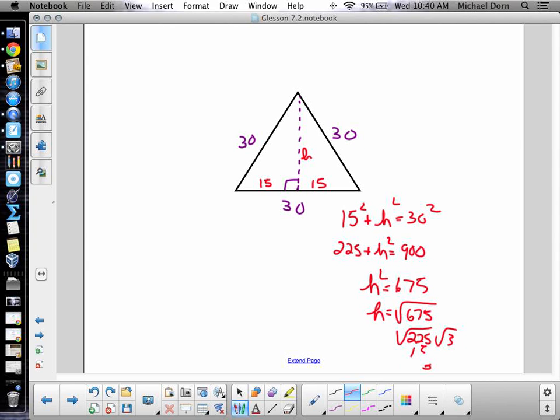So 15 root 3 for this height. So the area is 30 times 15 root 3 divided by 2, or 225 root 3 units squared. And we'd have to estimate that. 225 times the square root of 3 is about 390 units squared, so it's smaller.